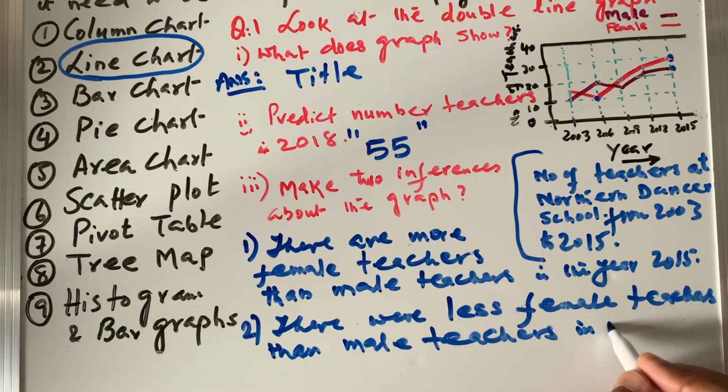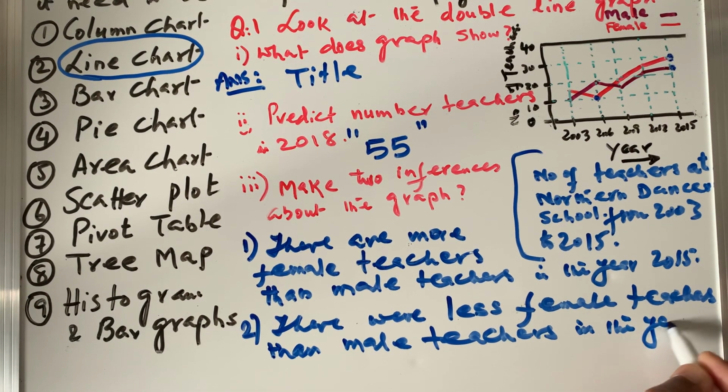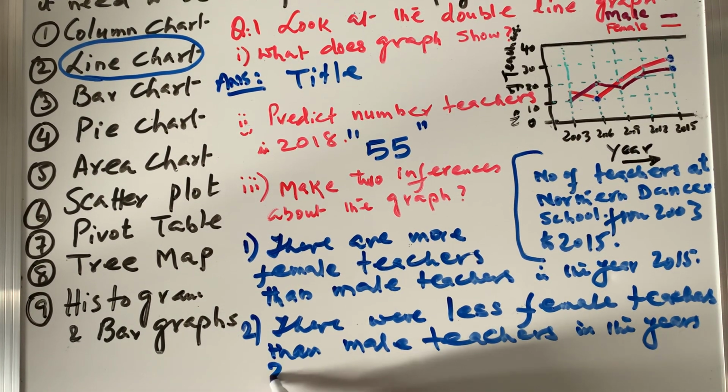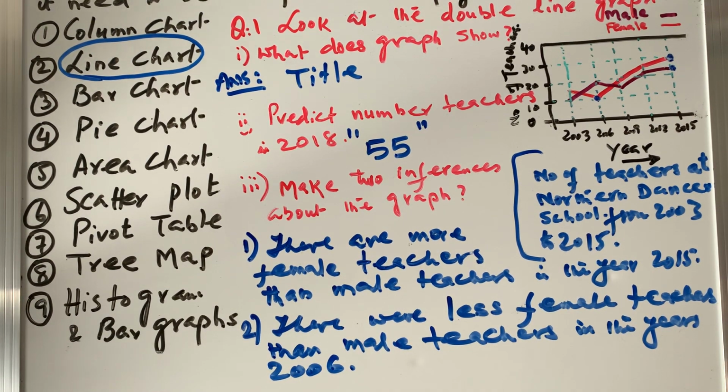You make an inference that there were fewer female teachers than male teachers in the year 2006. So you make 2 inferences.